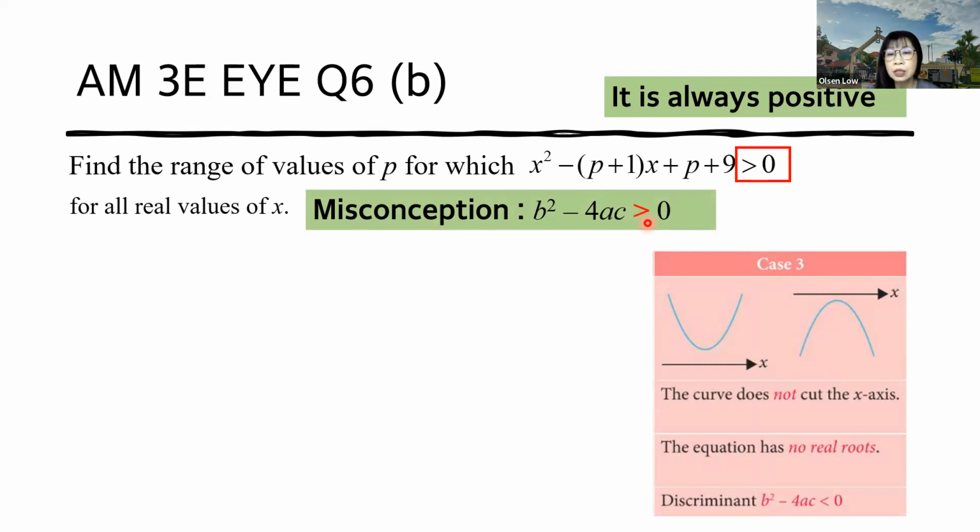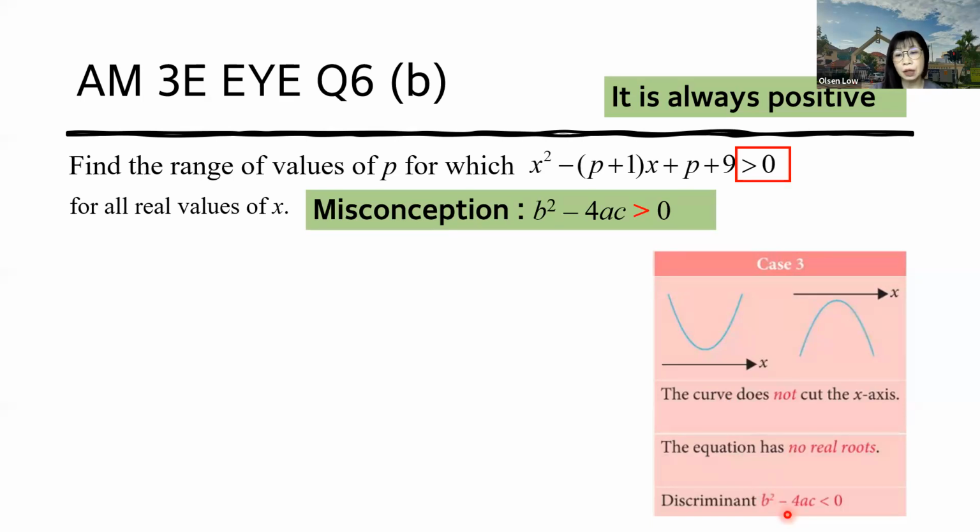If it is greater than 0, it's always positive, so we are looking at the left side of the graph, which means the curve always lies completely above the x-axis. In such a case, the curve does not cut the x-axis, and therefore the equation has no real roots. So the condition for the discriminant has to be less than 0.